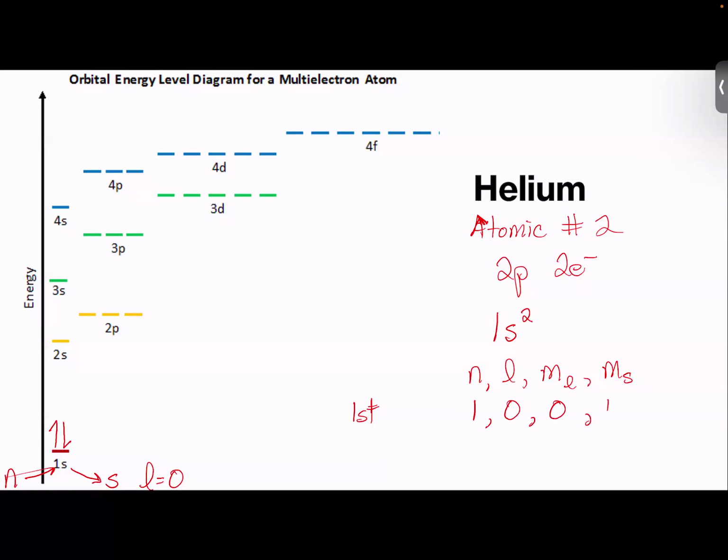And the first electron is spin up, so it was a plus 1/2. The second electron was 1, 0, 0. Again, M sub L has to be 0 because that's the only value that's allowed for an L of 0. But the second electron is a negative 1/2 because it was spin down. And those are the four quantum numbers for each helium electron.